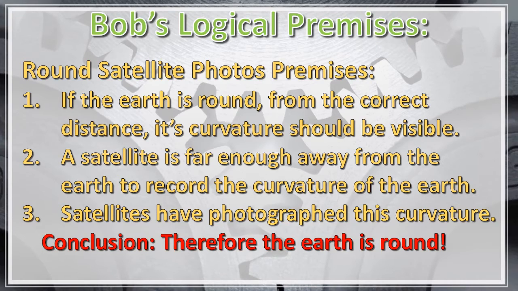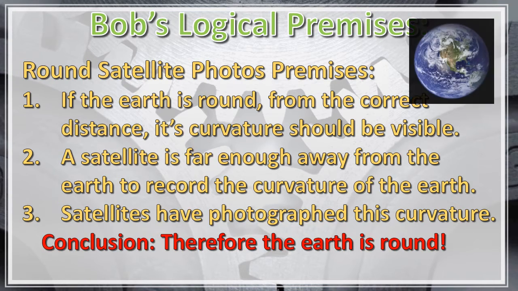Imagine if you held a basketball right up to your eyeball and you couldn't see the outline. Being too close makes it difficult to see its shape. But if you hold it at arm's length, you can see the shape completely. This is the same idea behind the first premise. The second premise can be proven mathematically or with other means, but the third premise actually proves the second one also.